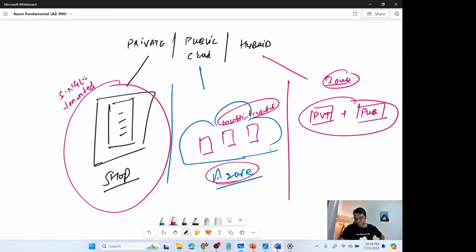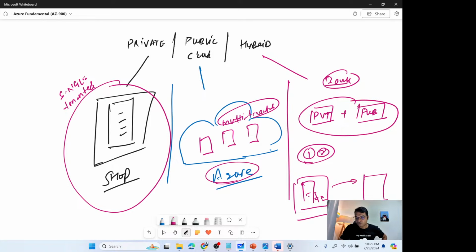Now you can choose, all right, application number one, application number two, I would like to continue to run here in my private cloud, which would be similar to how Bella was running her business, right? On the other side, all other applications which are not holding so much personal or sensitive data can move to the cloud, to something like Azure.